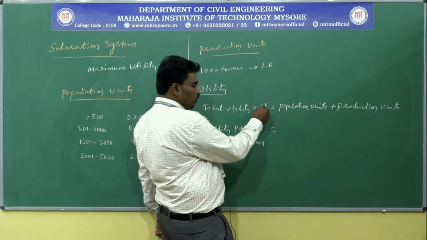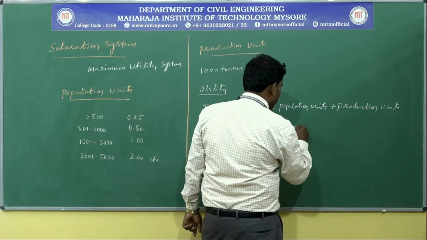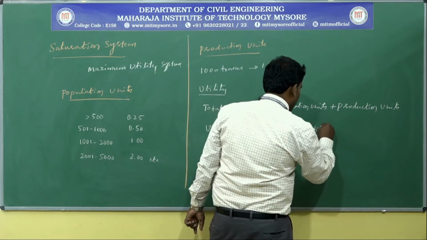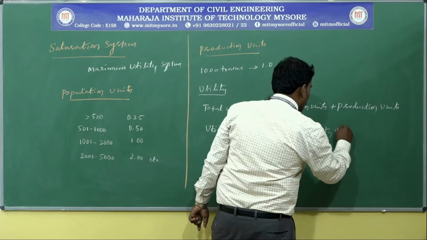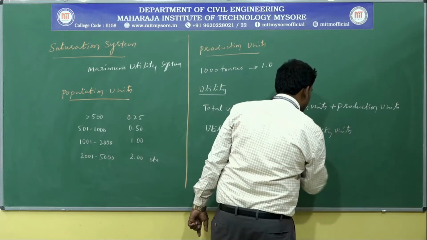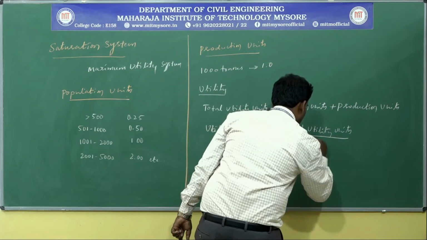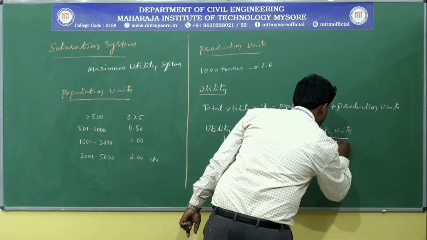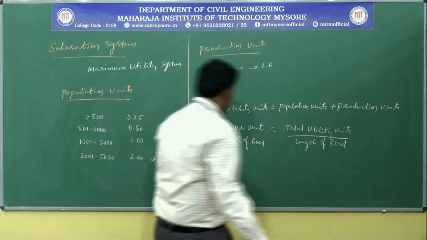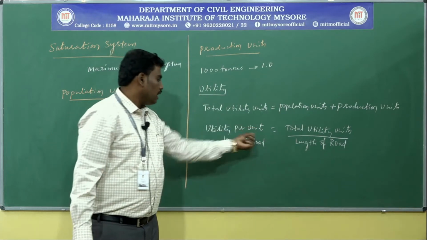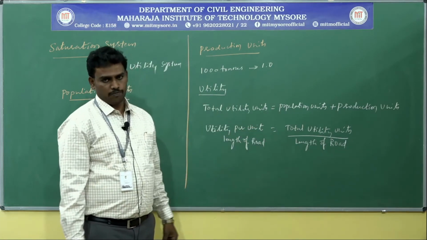The total utility units should be there, no? Total utility units divided by the length of the road will give the utility per unit length of road.